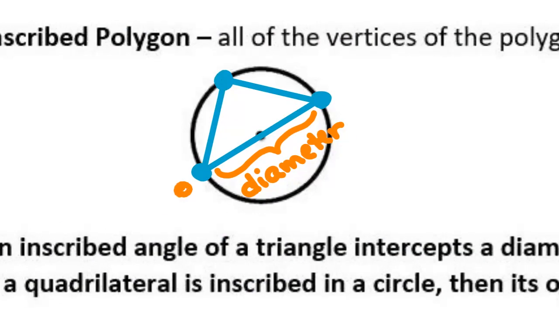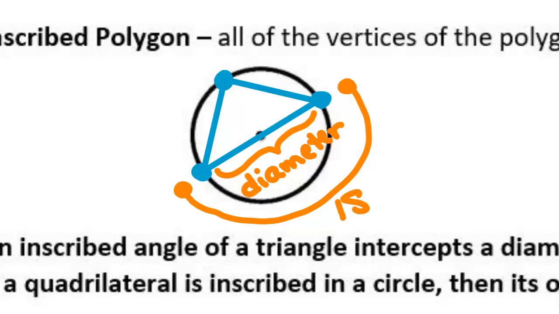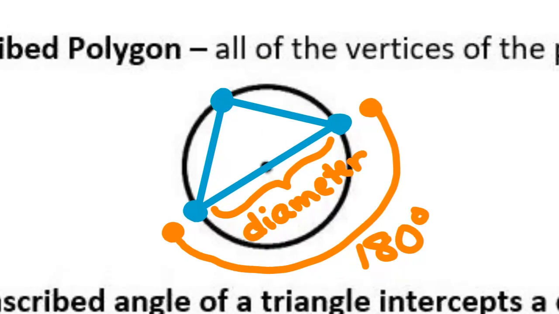Cut them in half. So the arc from here around to here would be how big? 180. And the angle that intercepts that arc would be half of that. What is half of 180? Half of 180 is 90.